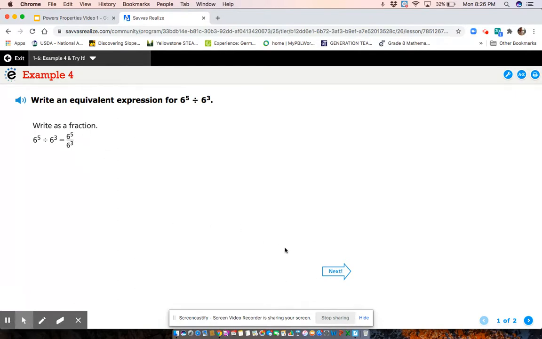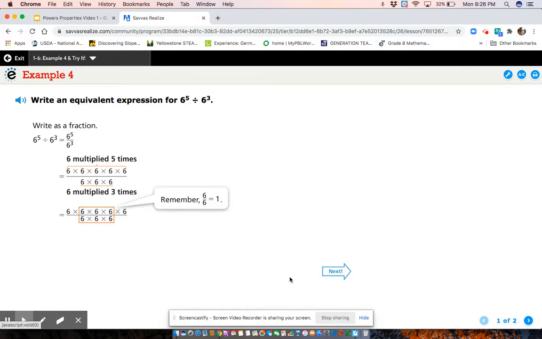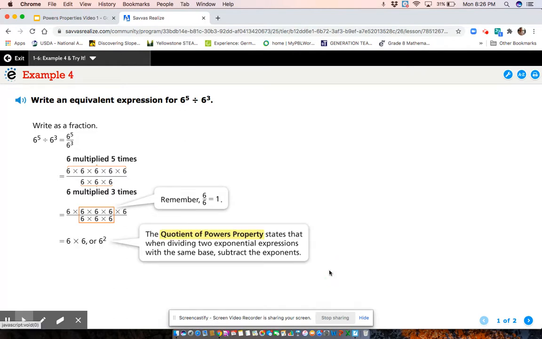So I'm going to write that as a fraction. And if I have 5 sixes on the top and 3 sixes on the bottom, now remember, if I'm just dividing a number by itself, it comes out as 1. So you can see how the 3 sixes on the bottom, I can match that up with 3 sixes on top. And I would just be left with 2 sixes, or 6 squared.